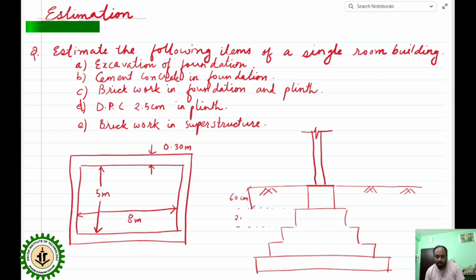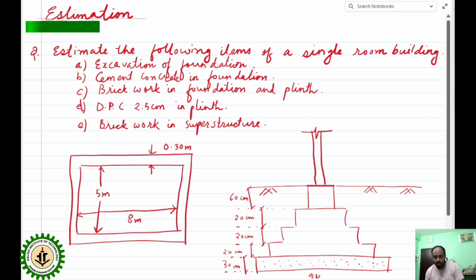This height is 20 centimeter. This is also 20 centimeter. This is also 20 centimeter. And this one is also 30 centimeter. This is the cement concrete. This is 90 centimeter.